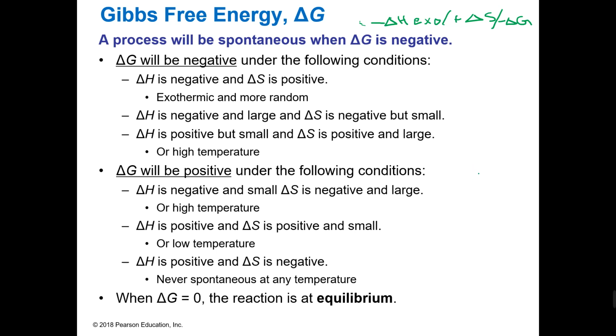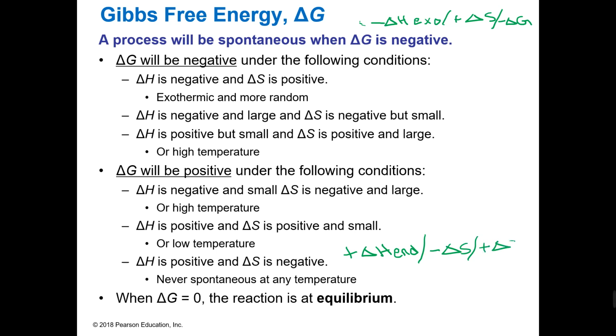The opposite is going to be true with a positive delta G. So with endothermic reactions that are not spontaneous, we're going to get a positive delta H. We know that's going to be endo. We would expect delta S to be negative and a positive delta G.